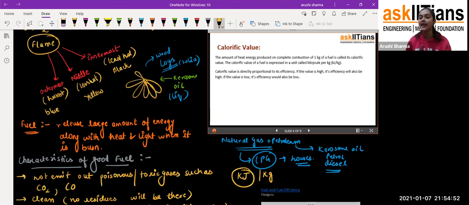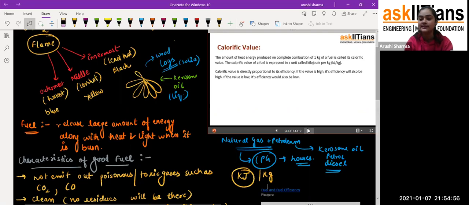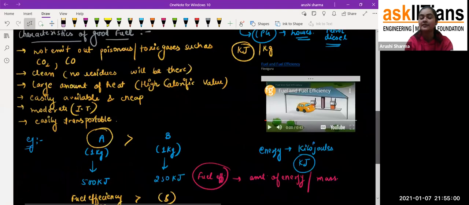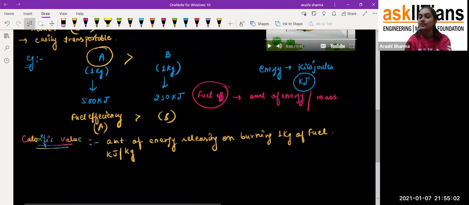For example, I have already given you an example. On complete combustion of these two fuels, A and B, when we take 1 kg of each, in this case we get 500 kilojoule of energy, and in this case we get this much energy.